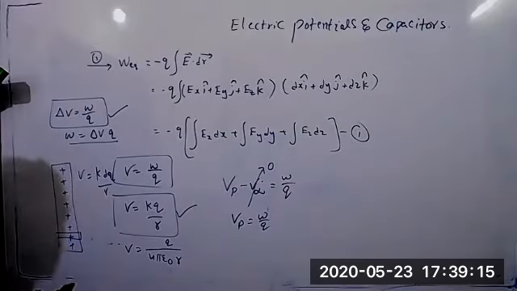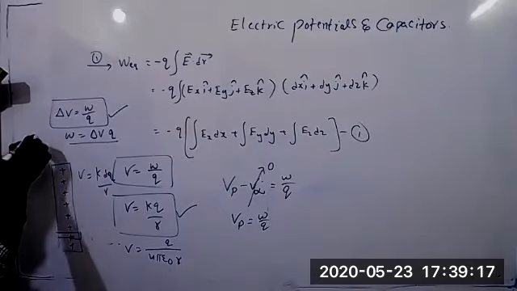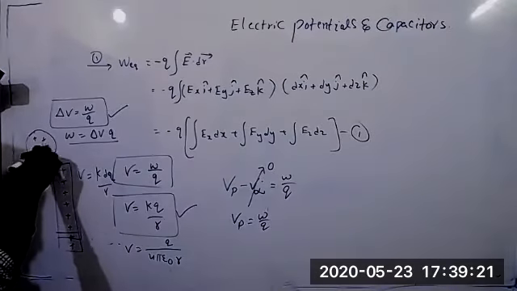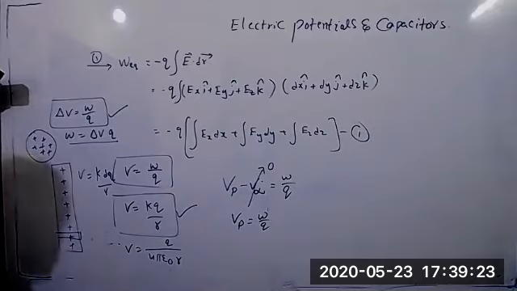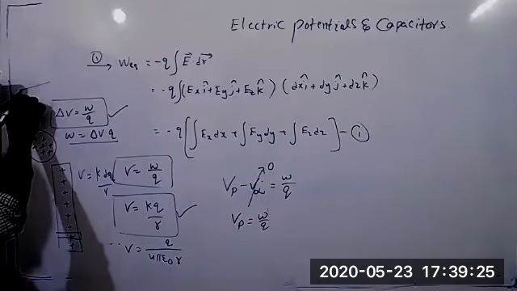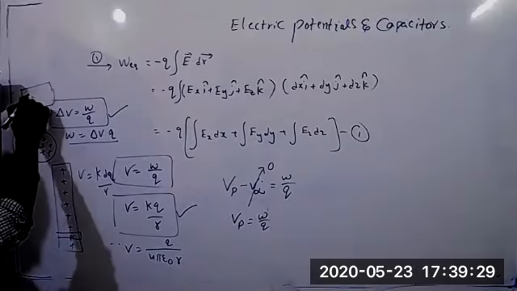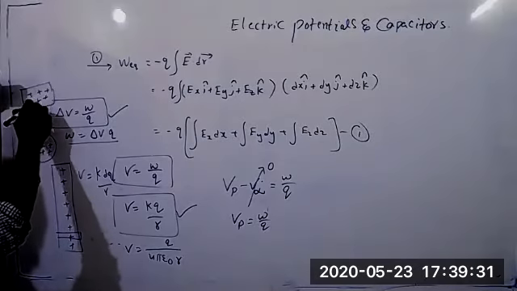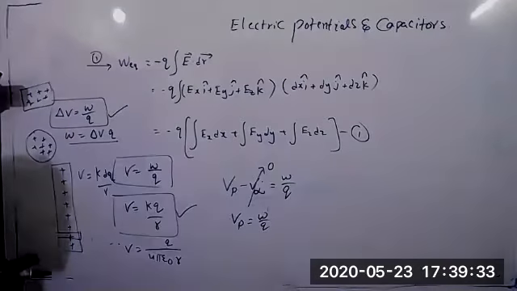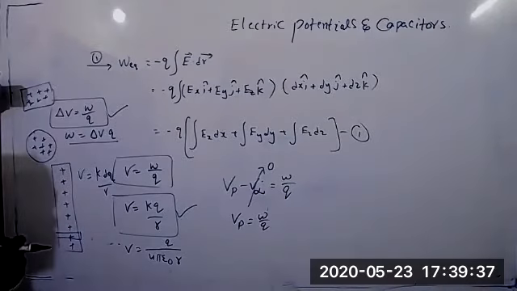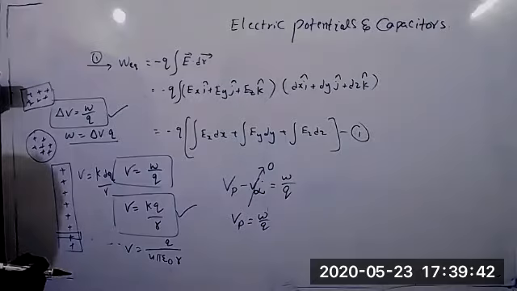How to calculate? If they have given any body in this manner, how many charges are there in this body? Or if they have given this type of object, we don't know actually how many charges are in this. But we know one of the methods, that is, we will use surface charge density, linear charge density, and volume charge density.